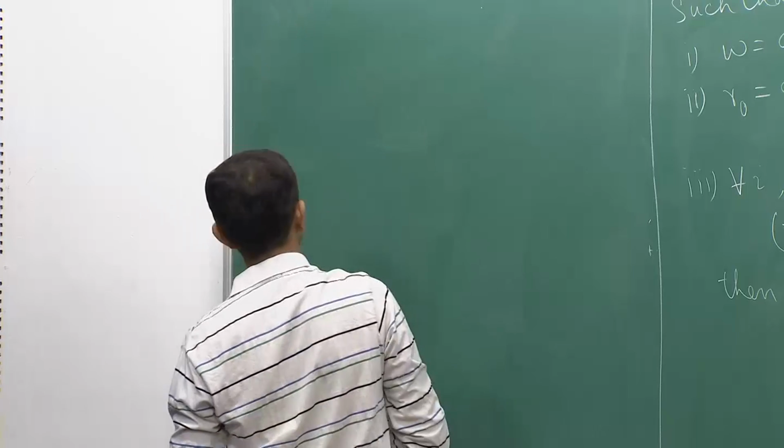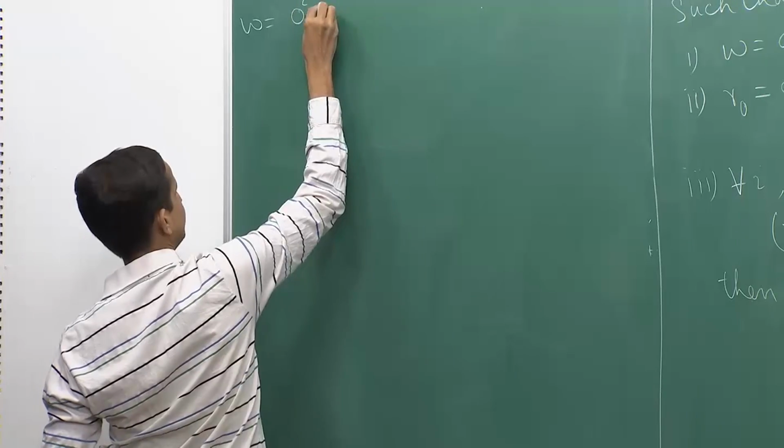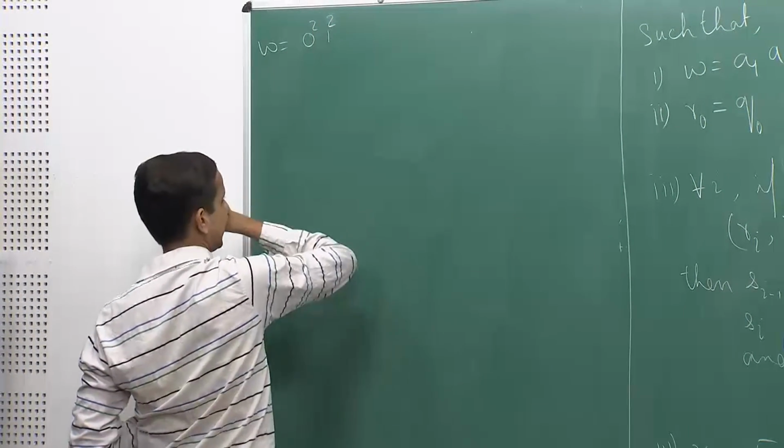So, let us take W equal to the string 0 square 1 square.